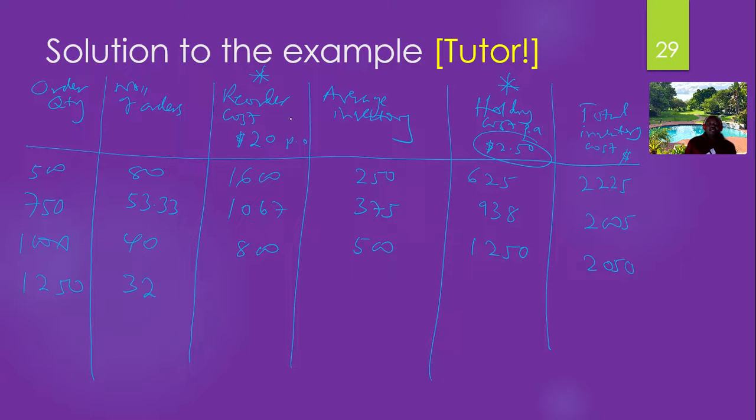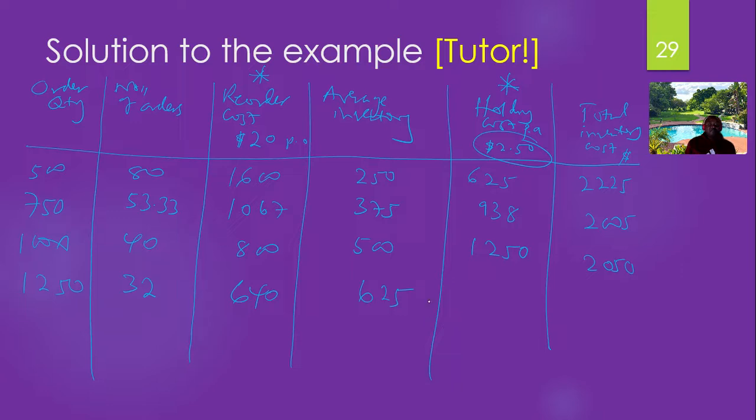All right, and the reorder cost per annum, that's $20, so 32 multiplied by 20, that's 640, and the average inventory, that's 1250 divided by 2, that's 625. Then the holding cost per annum, that's 625 multiplied by 2.50. Let me use my calculator.